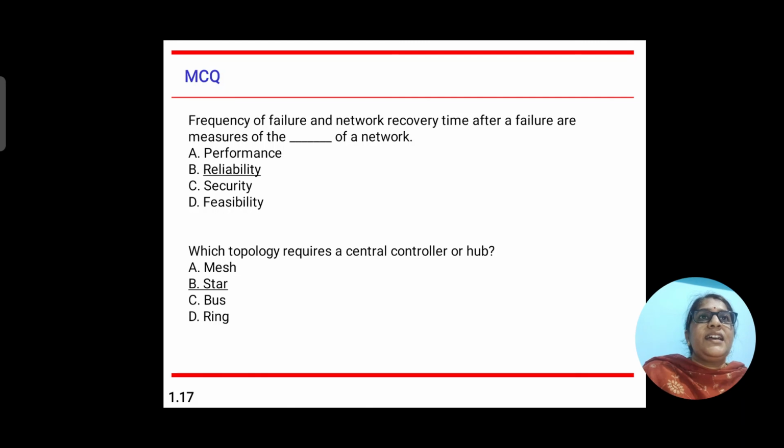So let us see some questions. Frequency of failure and network recovery time after failure are measures of the dash of a network. The answer is reliability. Which topology requires a central controller or a hub?